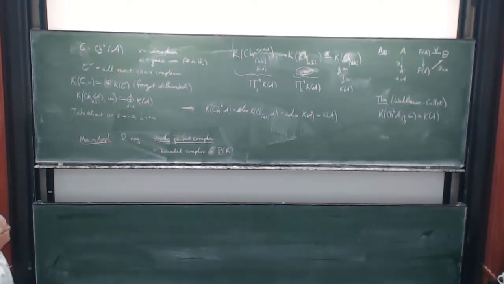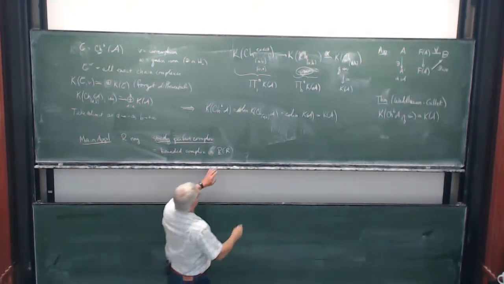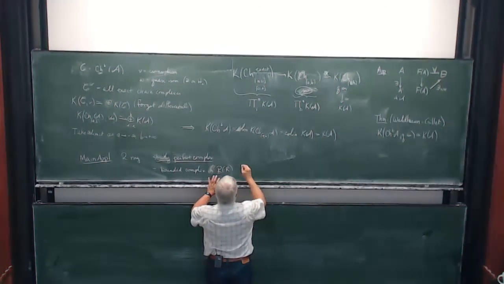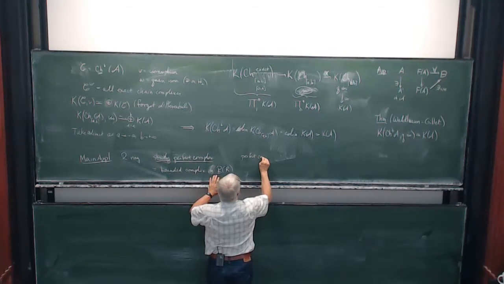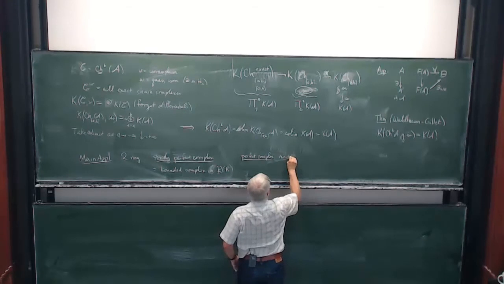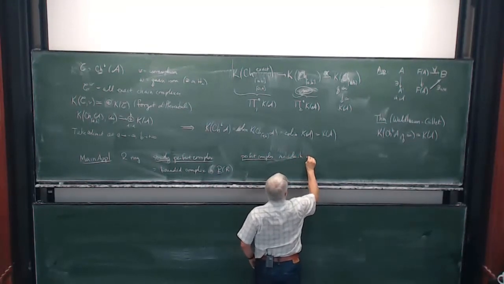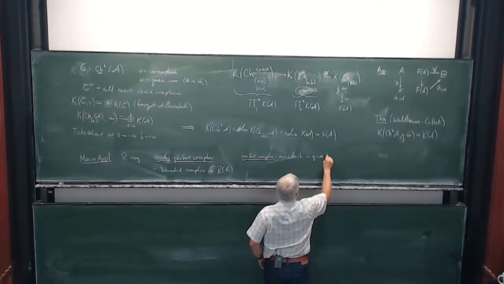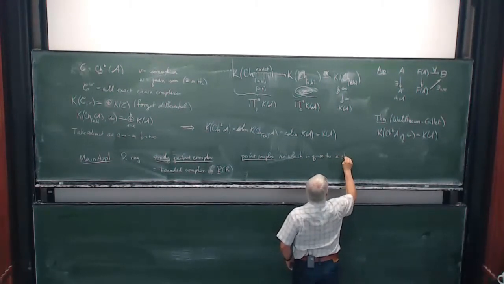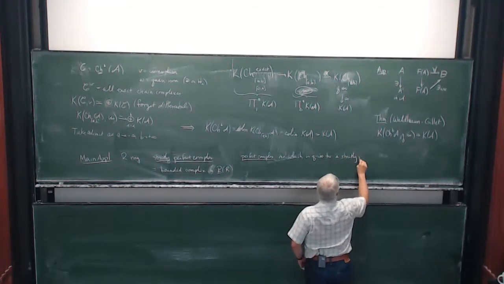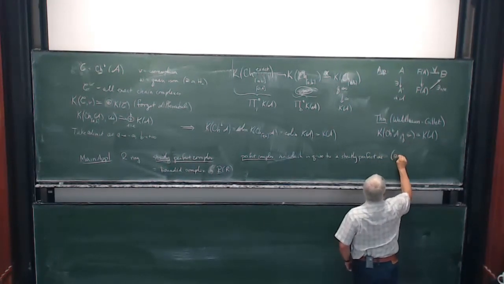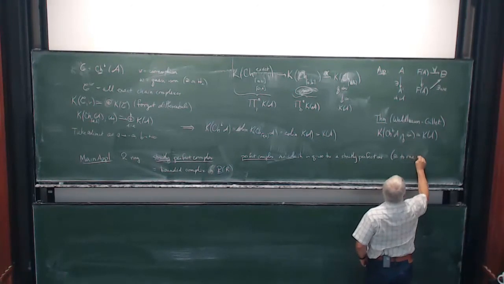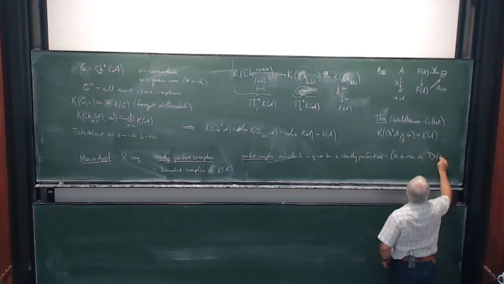So that's what a strictly perfect complex is. And a perfect complex is one which is quasi-isomorphic to a strictly perfect one. So that's the same thing as isomorphic to one in the derived category of the ring R.